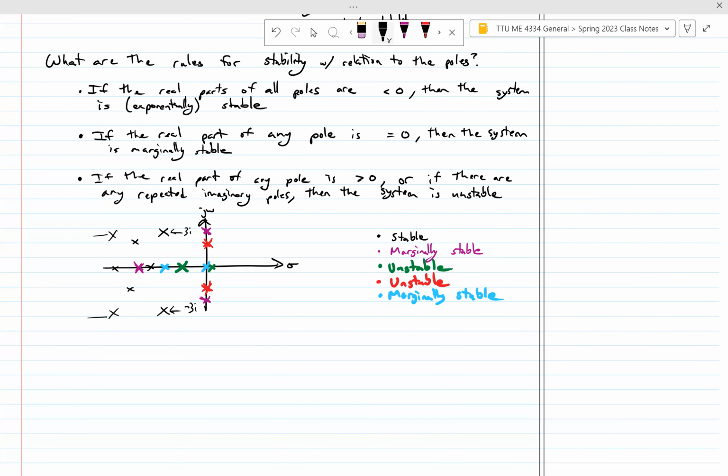The real parts always need to be the same, and the imaginary parts are the opposite of each other. It needs to be symmetric about the sigma axis. The top and the bottom need to be matching each other.